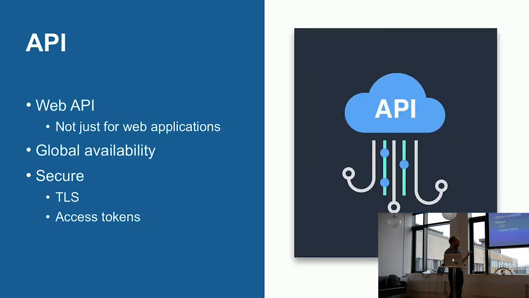The API part is a web API, but it's not just for web applications. Any modern application today makes web requests because you log in or whatever, fetch data from a server. So it's really for anything. You could have it in a mobile app, you could have it in a Windows app, you could have it, of course, on a website, or anything you can imagine.